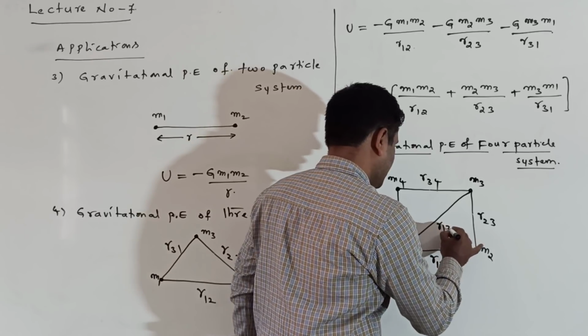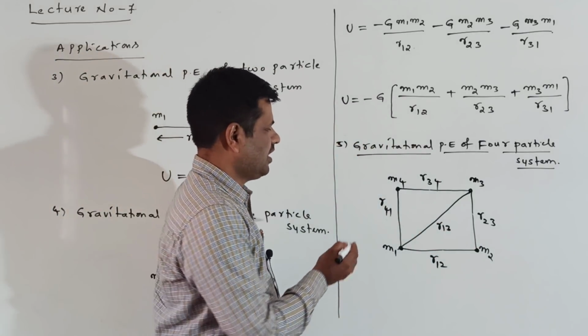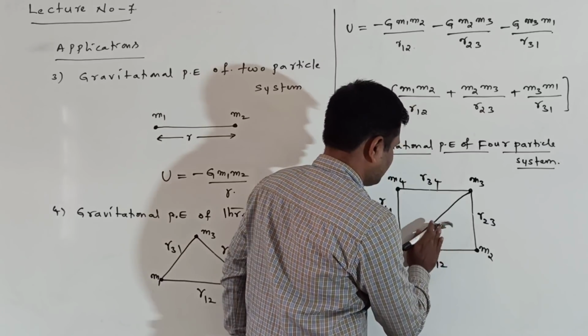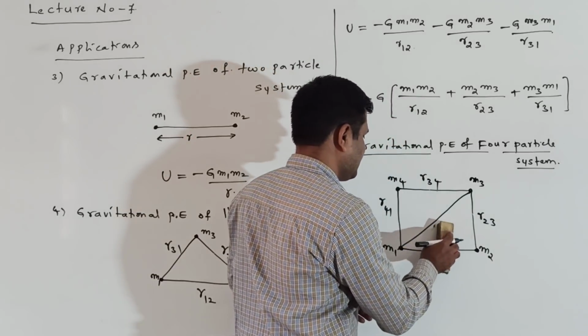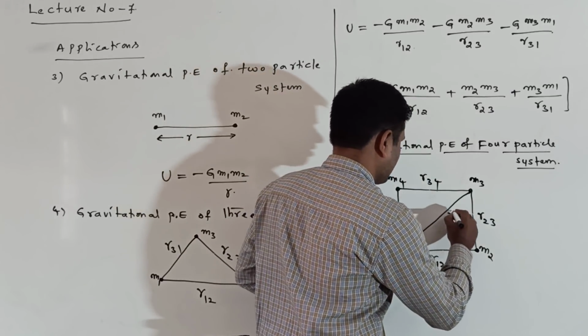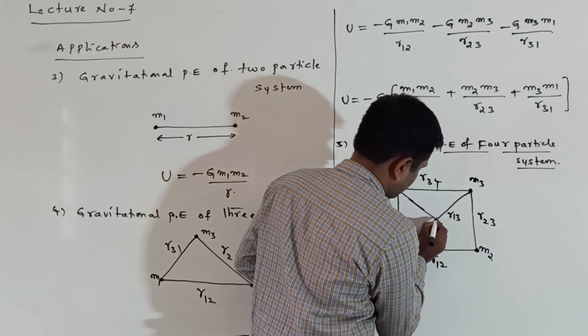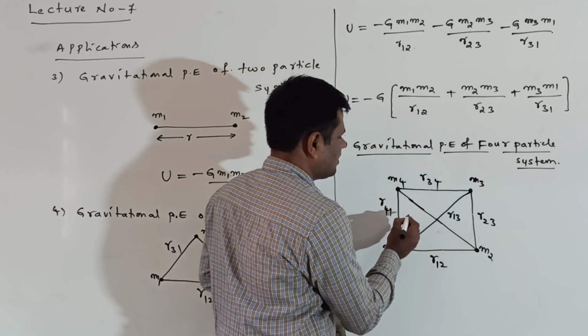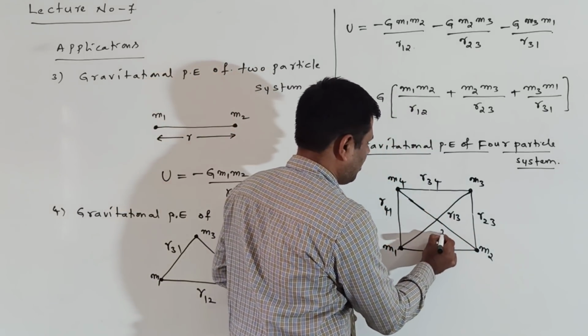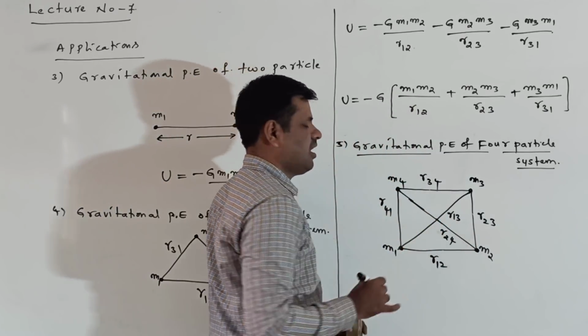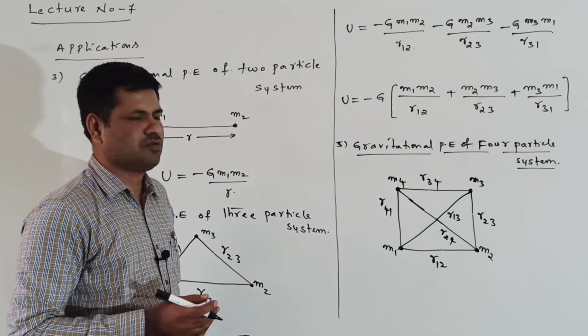So here also one pair is coming. That I consider as R13. Next here also one pair is coming. The distance between these two I consider as R13. Here another pair also is coming. This is considered as R24. You can consider R42 also. There is no problem.